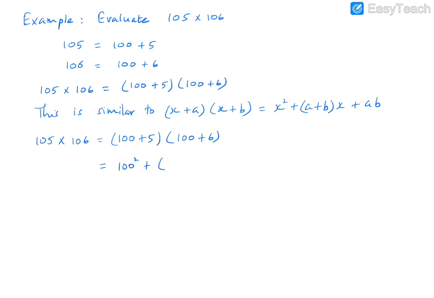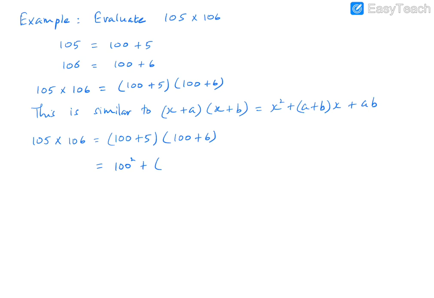In this case a is 5 and b is 6, so 5 plus 6 times x, which is 100, plus a into b, which is 5 into 6. So 100 square is 100 and 100, so it's 10,000. 5 plus 6 is 11, so plus 11 into 100 is 1100, plus 5 into 6 is 30. So we just need to add these numbers.